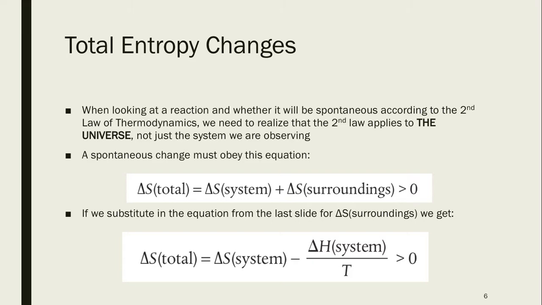So we can input or substitute the equation from the previous slide to get the total change in entropy, combining the entropy of the system with the enthalpy of the system as well as temperature.